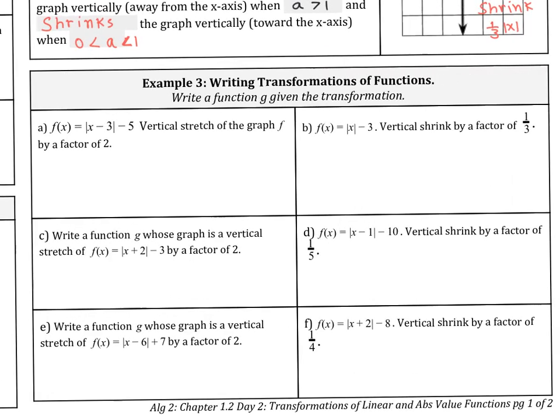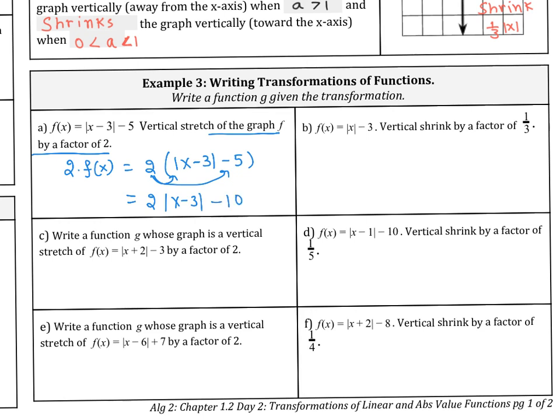Letter A, we are going to find the vertical stretch of the graph f by a factor of 2. It means we are going to multiply f(x) by 2. It means that we are going to multiply the 2 with the whole function, absolute value x minus 3 minus 5, and we are going to distribute the 2 inside, so our function should be 2 times absolute value x minus 3 minus 10.